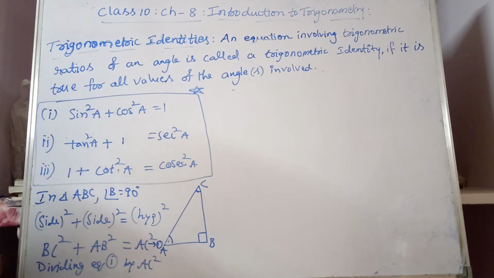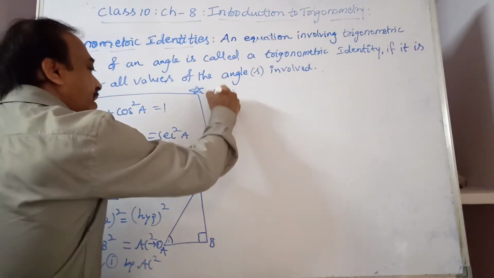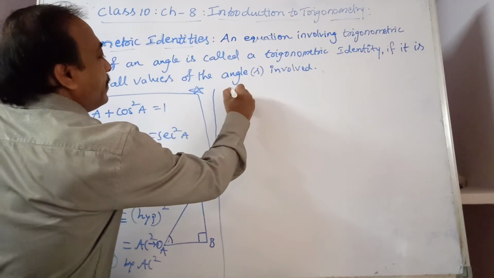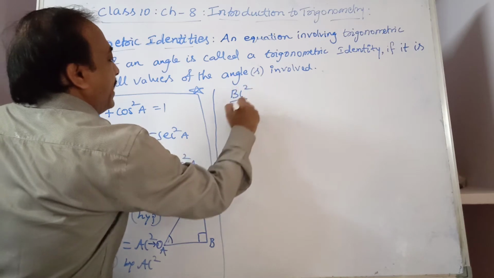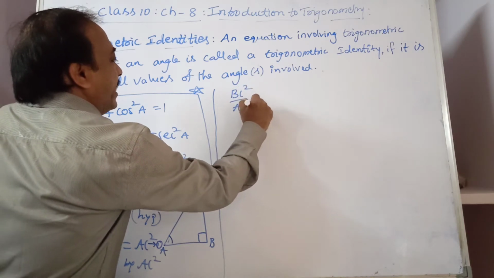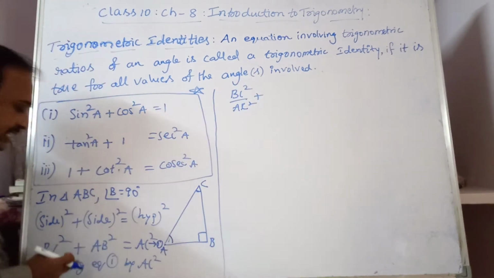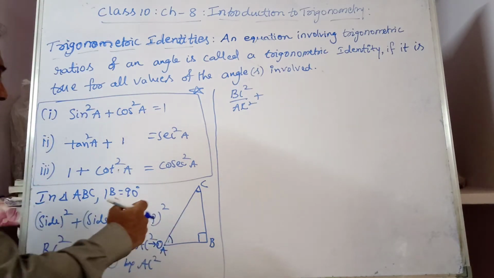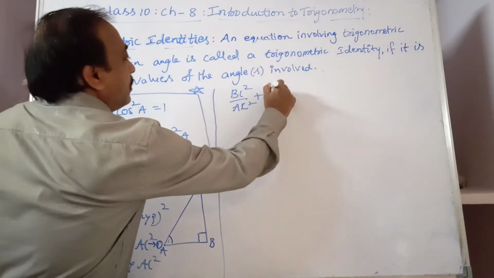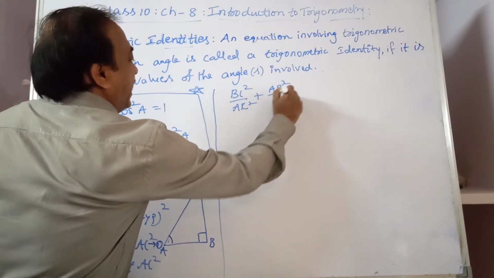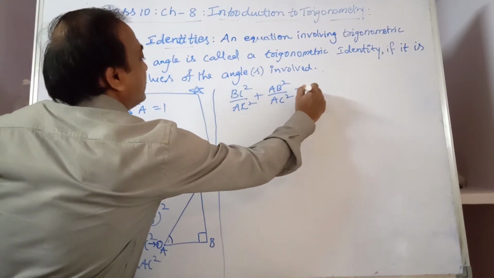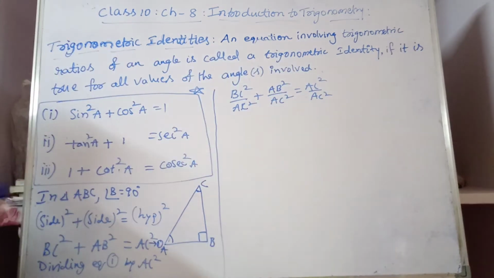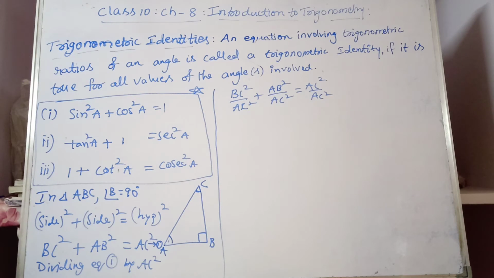So we get BC square by AC square plus AB square by AC square is equal to AC square by AC square.